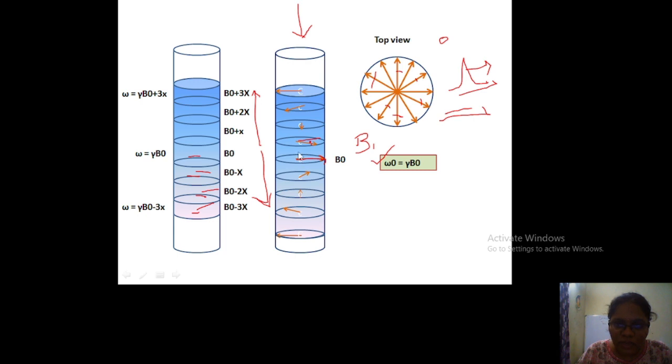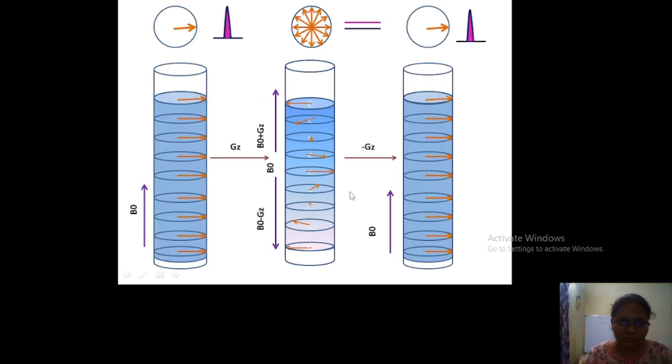For that, I need to bring back these magnetization vectors in the same direction. So all the magnetization vectors should precess with the same frequency. Now how can I do that? Let us see. In the presence of only V naught, when we did not apply any gradient, all the magnetization vectors of a particular proton type were precessing with the same frequency.